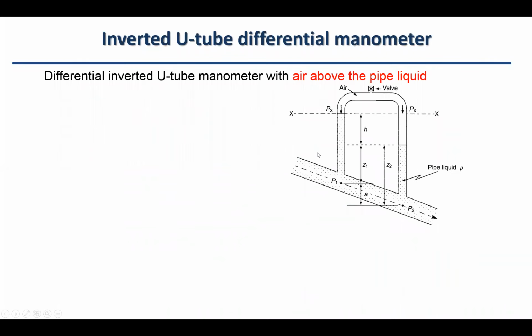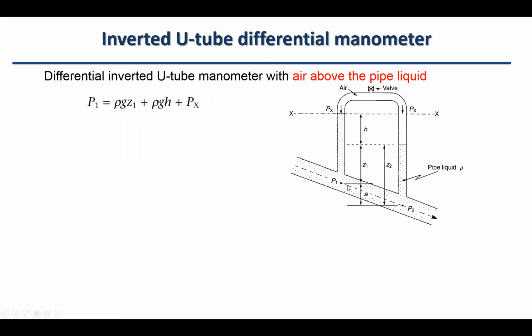In this figure, if we draw the line X-X, for the left limb we can write P1, the pressure at this point, equal to... By the way, on the right limb we have Z2, the depth of the liquid.